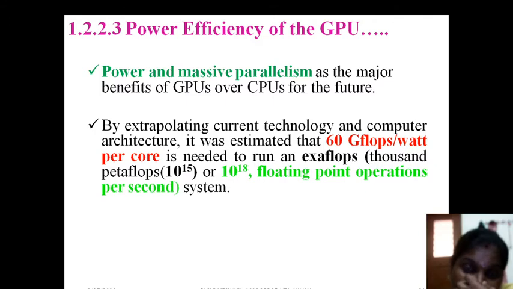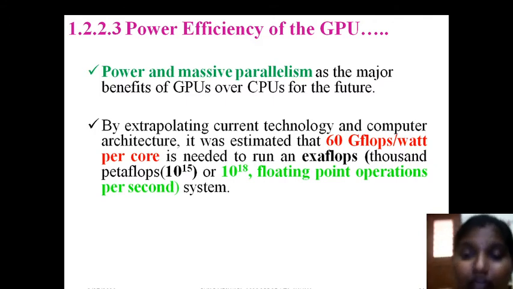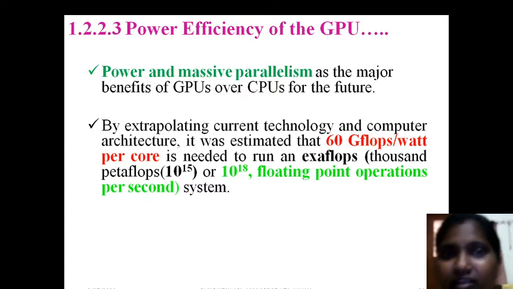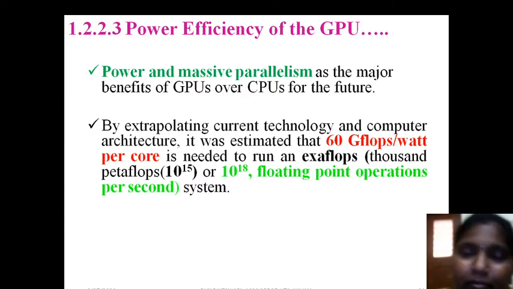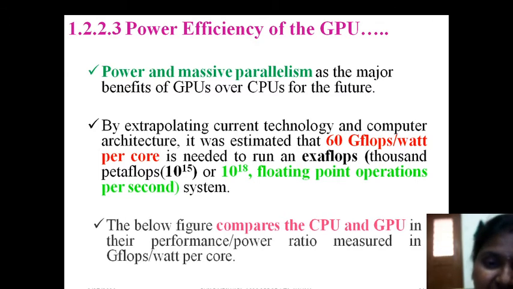How much power do we need? 60 gigaflops per watt we require to perform 10 to the power of 18 floating point operations per second. Oh my god, at present we are using only 2 gigahertz, at least 1.33 gigahertz, for our computers. Just estimate the requirement to perform the GPU operations. 60 gigaflops per watt. Oh my god. That is the requirement.